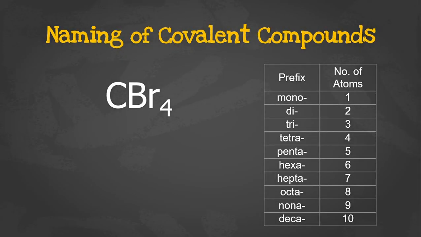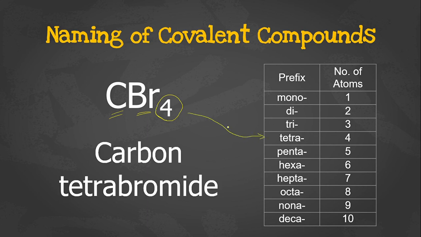Okay, another. What element is this? C lang. C. This is carbon. While Br is bromine. Apat yung bromine. So, tetra uli ang gagamitin. So, therefore, this is carbon tetrabromide.